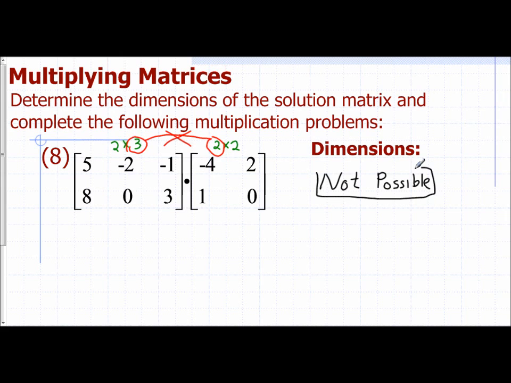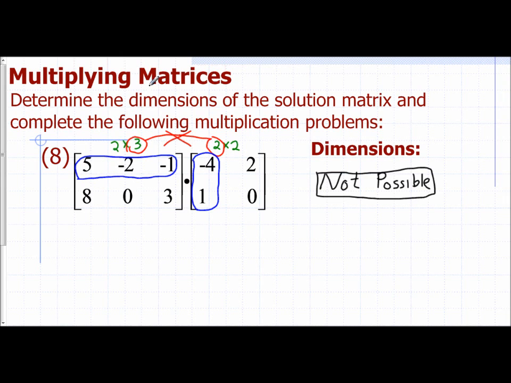Now, I want to take some time in this video and examine why it's not possible. If we were to actually follow this process for multiplying matrices, if we were to take each element in the first row and multiply by their corresponding position in the first column and then repeat that process with the second column, we'll see, yeah, you would multiply 5 and -4.